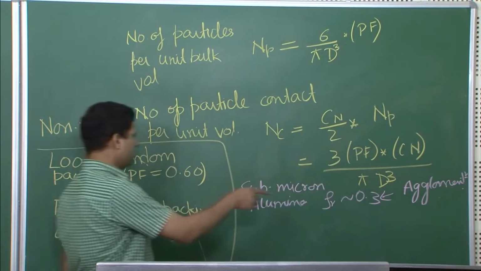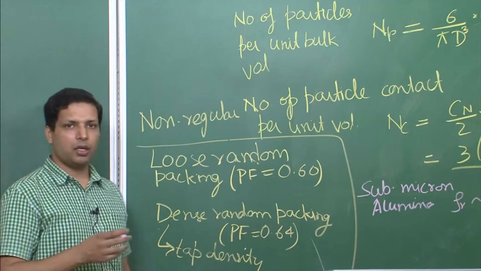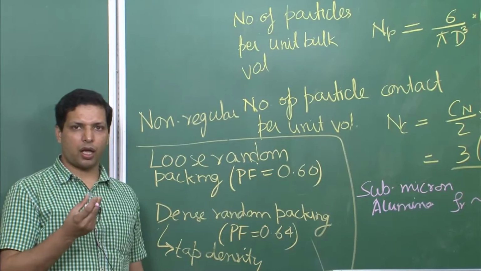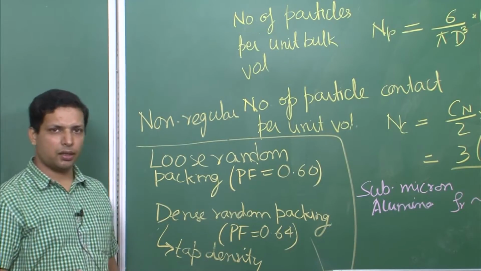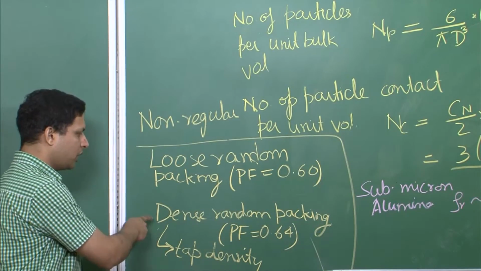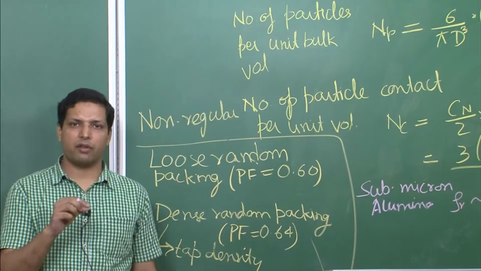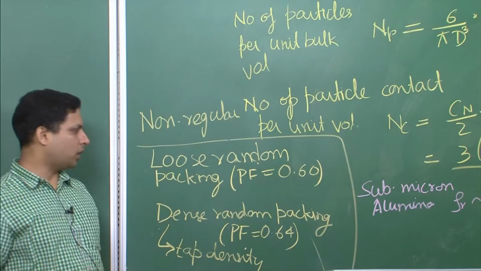Agglomeration can change these values, because in agglomeration particles come together and will not be so tightly packed, and each agglomerate will itself be very loosely packed. Even if you get them to pack later on with a dense random packing, each agglomerate itself has very low density, and so the average relative density would be very poor.